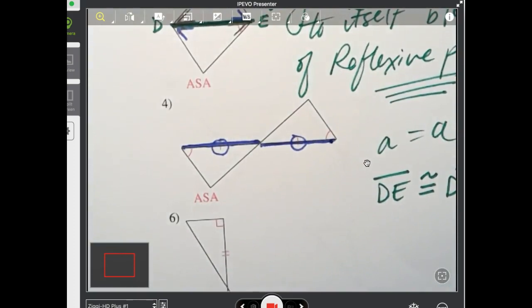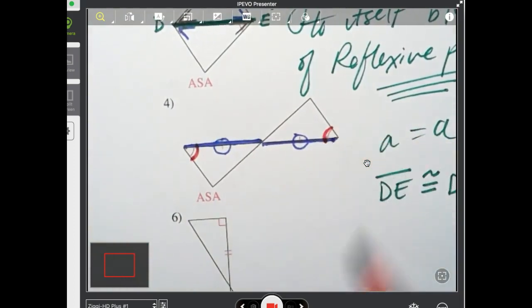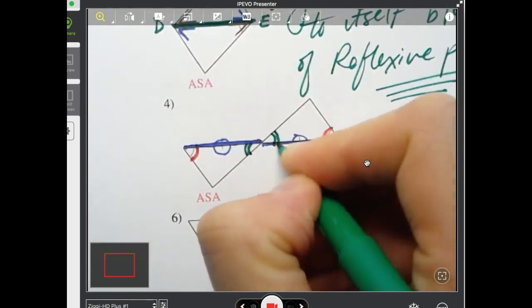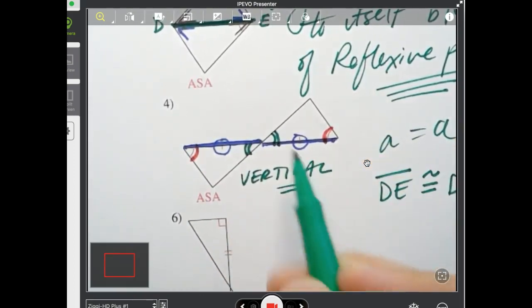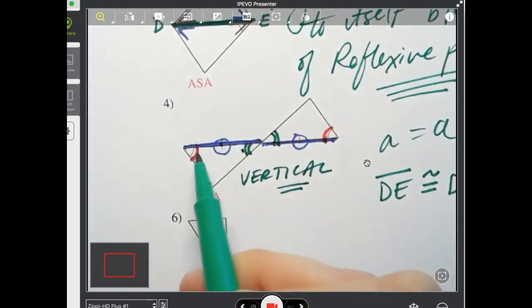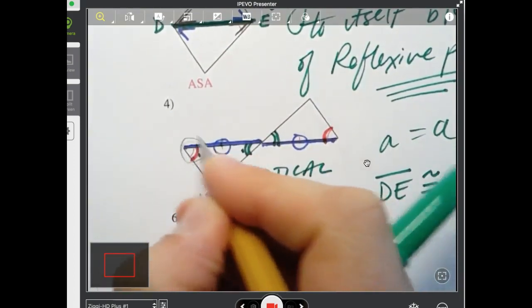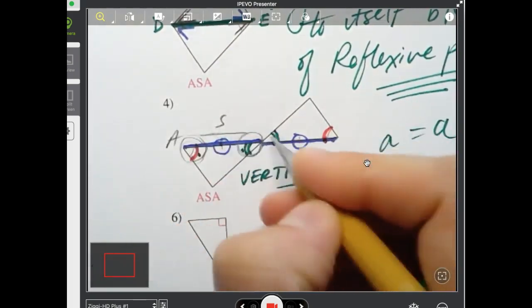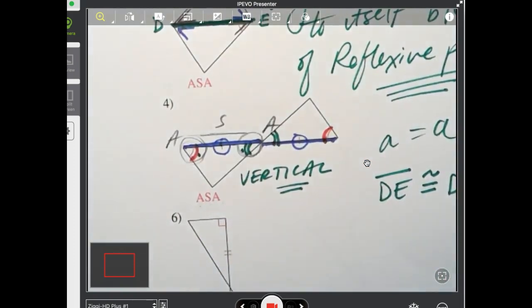And we know that this angle is congruent to this angle, right? And then last but not least, what do we have here? Well, we know that this is congruent to that. Why? Because they're vertical angles. And so we indeed have ASA. So that's how we have angle, side, angle on that one.